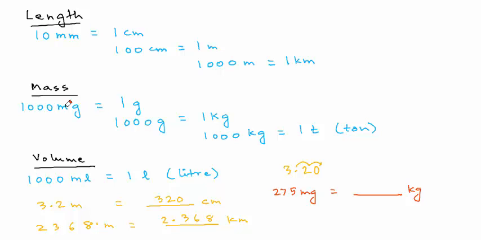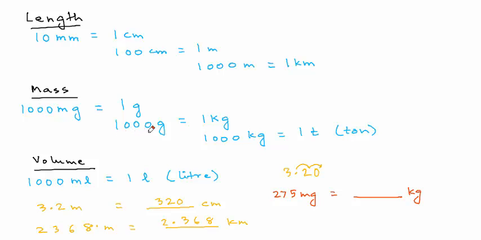But all we know is, if you want to change a certain number of milligrams to a certain number of grams, the number comes down and the conversion factor is 1000, so you divide that with 1000 to get the equivalent number of grams. And then from grams to kilograms, you still have another factor of 1000.